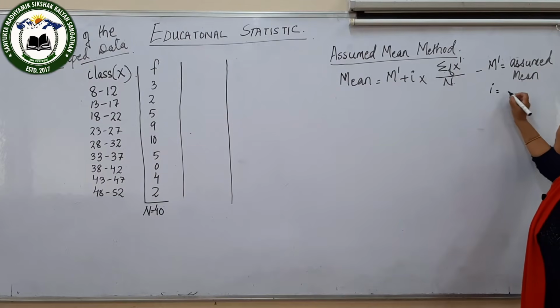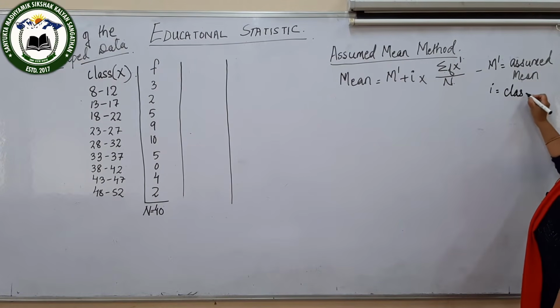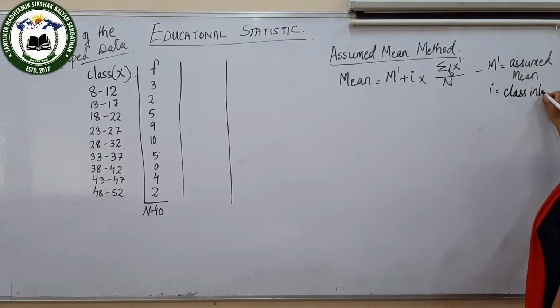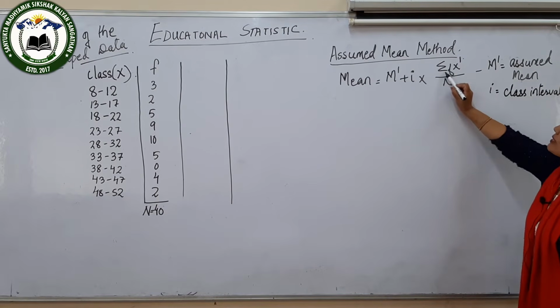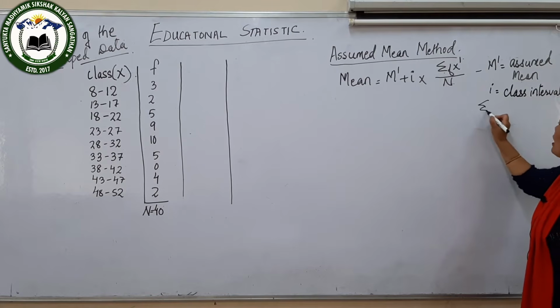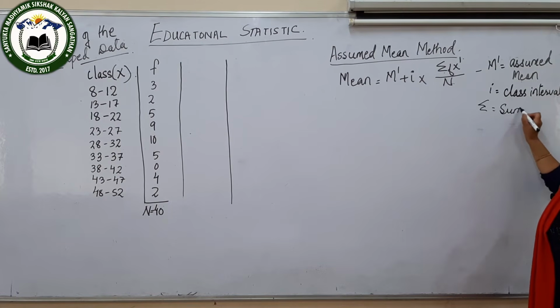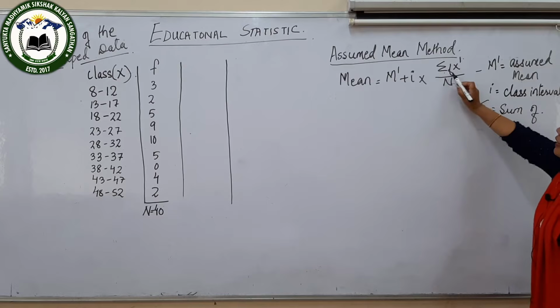i is my class interval. Now what we require is sigma. Sigma means sum of fx dash.